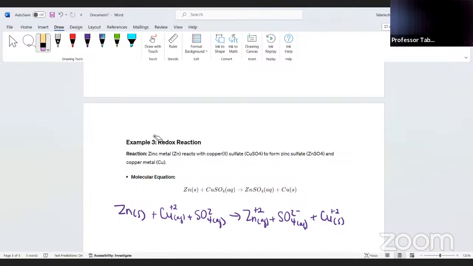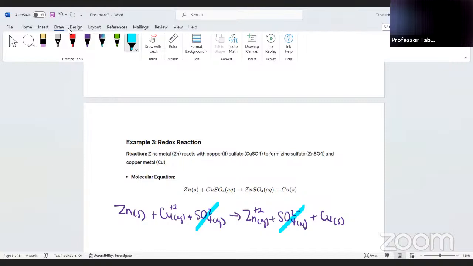Even if we erase those, the equation will still stand as it is, where you have to get rid of things that are the same on both sides. So in this particular case, you're going to slash out your sulfates and they're gone. And what do you have left over?